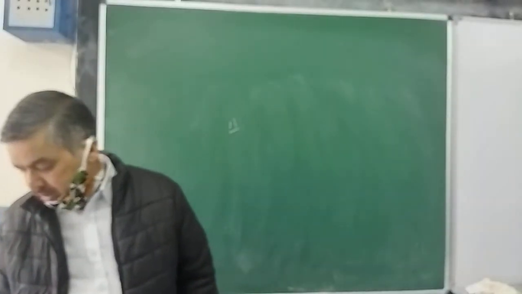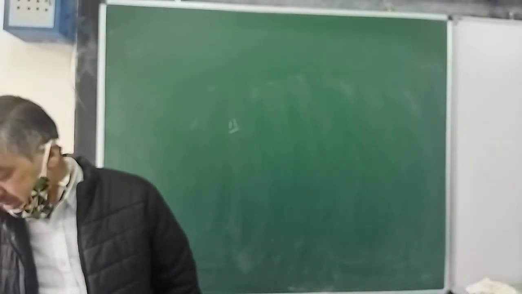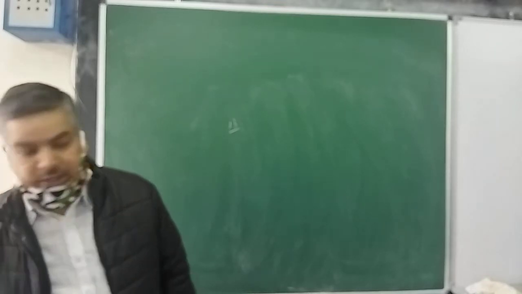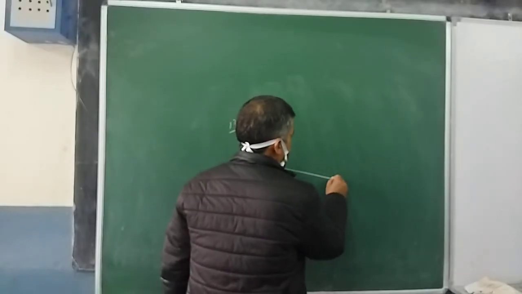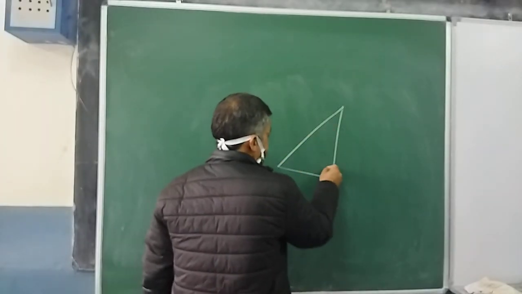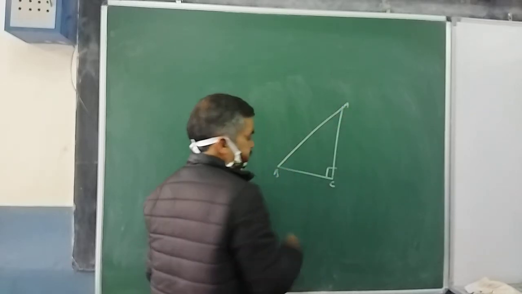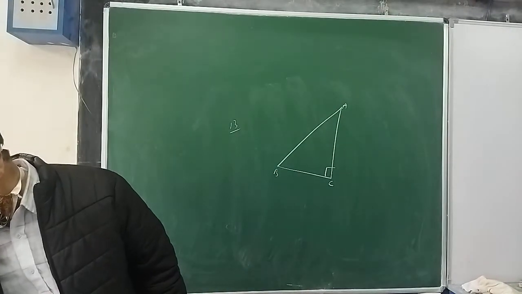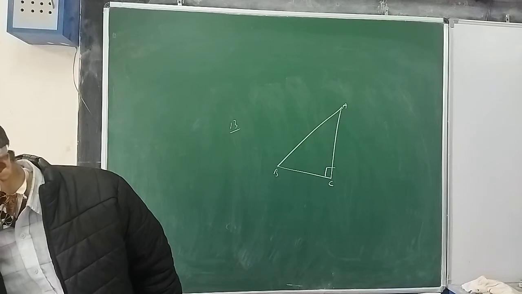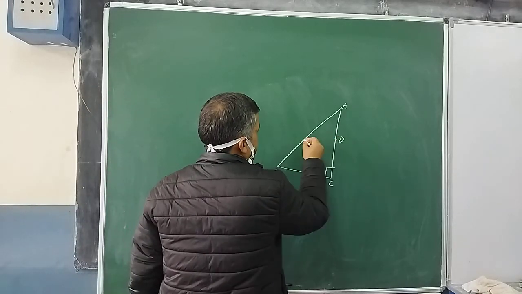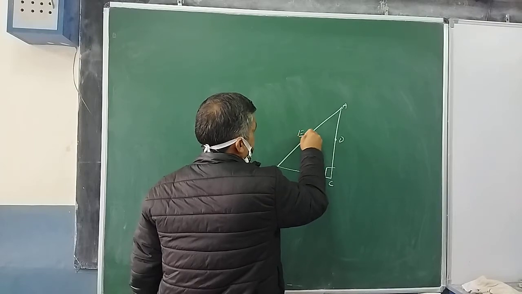D and E are points on the sides CA and CB respectively of a triangle ABC, right angled at C. So you draw the triangle right angled at C. Here it is A and here it is B. D and E are the points given to you, D on CA and E on CB.